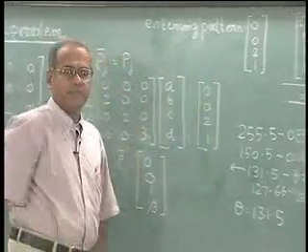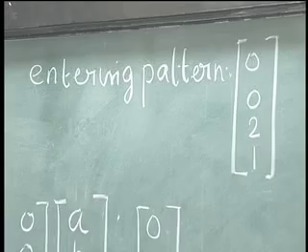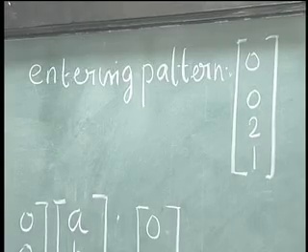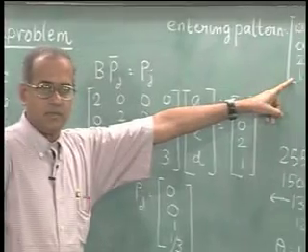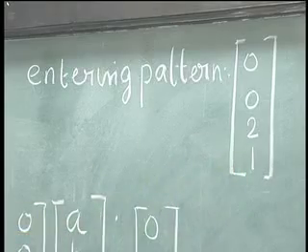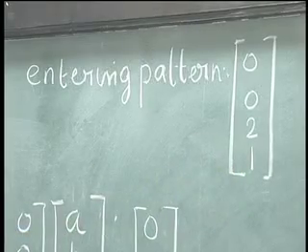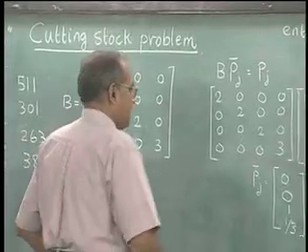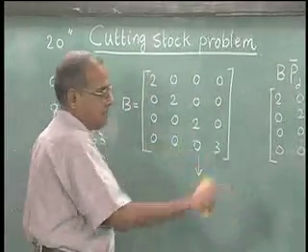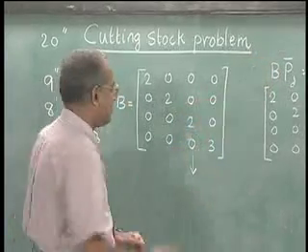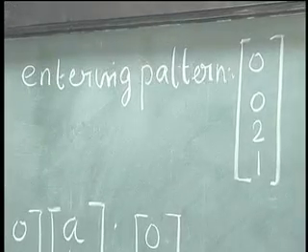So, the basis B will change to this, and this column will be replaced by this column. So, the new solution will be, after we replace this by this one: 0 0 2 0 is now going to be replaced by 0 0 2 1. So, this is the change.